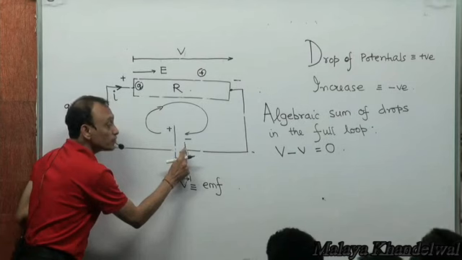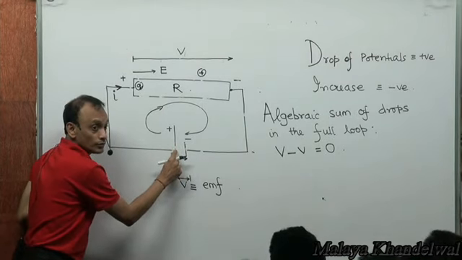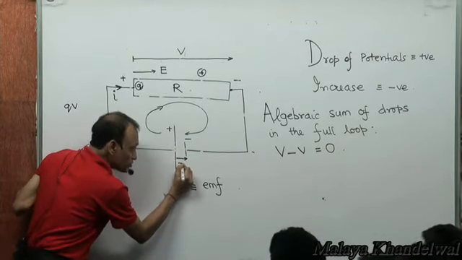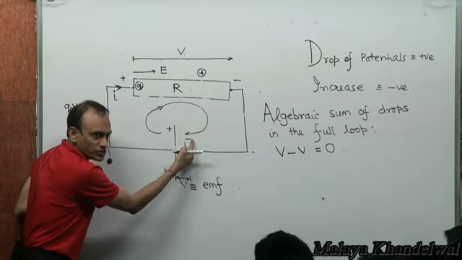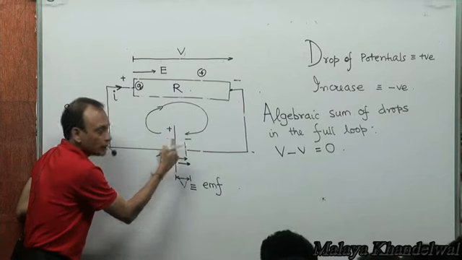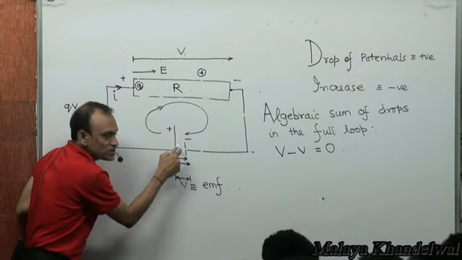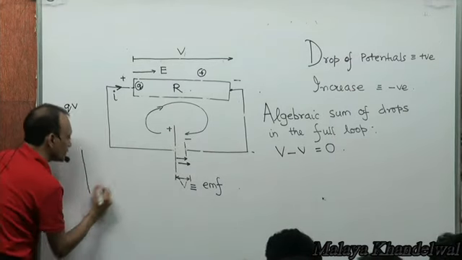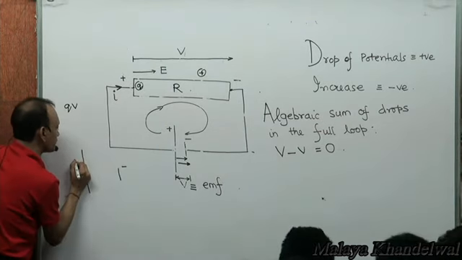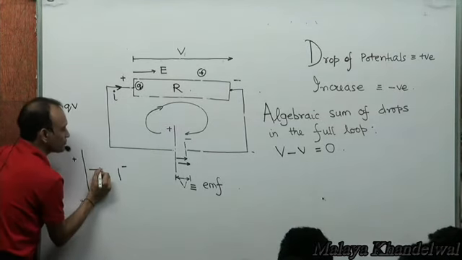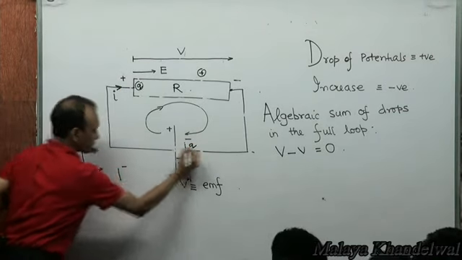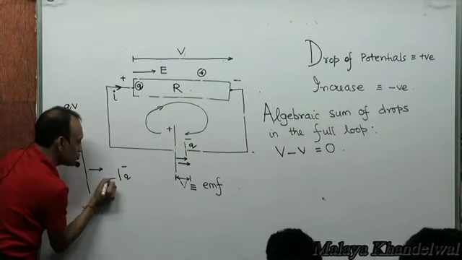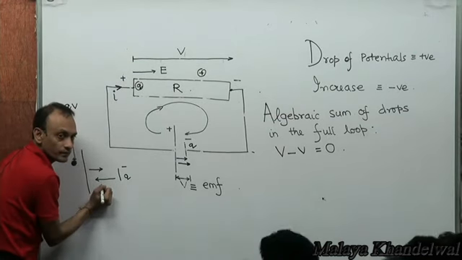But when it goes from here to here, the electrical forces are in this direction, because the electric field is like this. From positive to negative will be the electric field. Isn't it? Electric field inside the battery. This is the inside of the battery. Inside the battery, the electric field will be like this. So when this charge Q comes to this point, it has to go against the electric field.